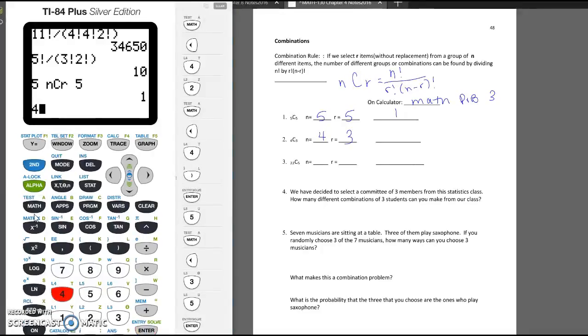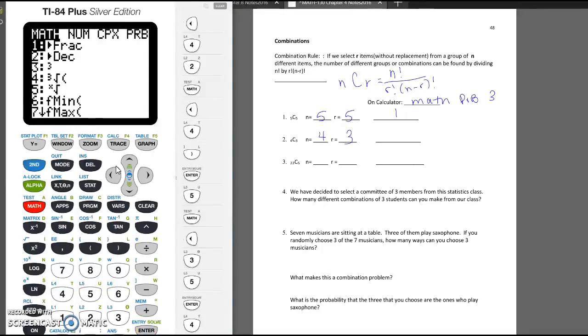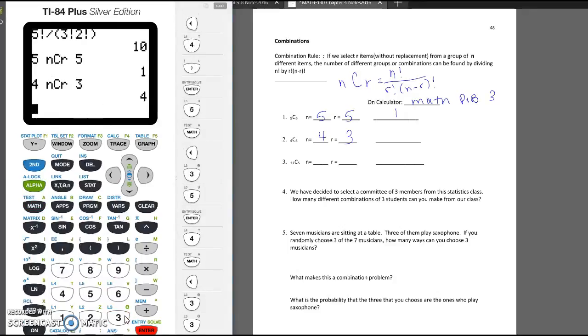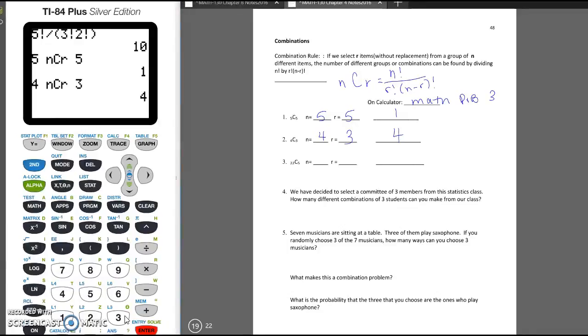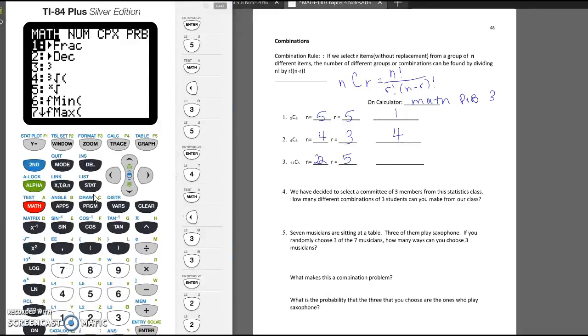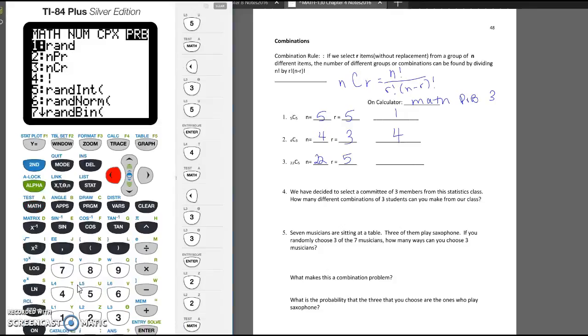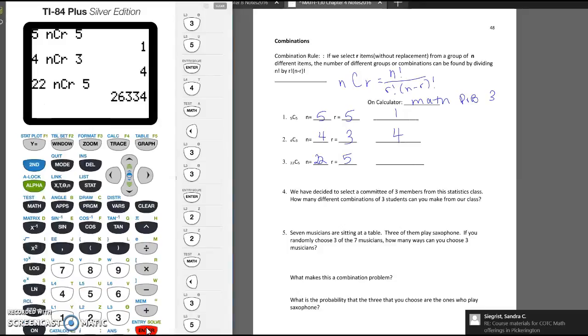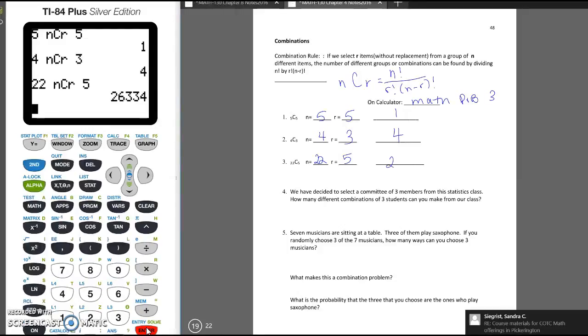So we'll have 4, and then we'll go over to probability. This was 4. You can see these numbers are much smaller than permutations. And for 22C5, our n is 22 and our r is 5. And this will give us 26,334.